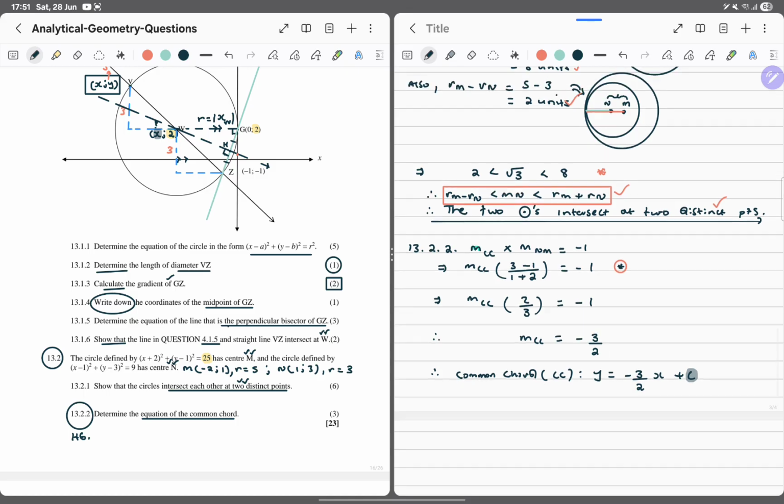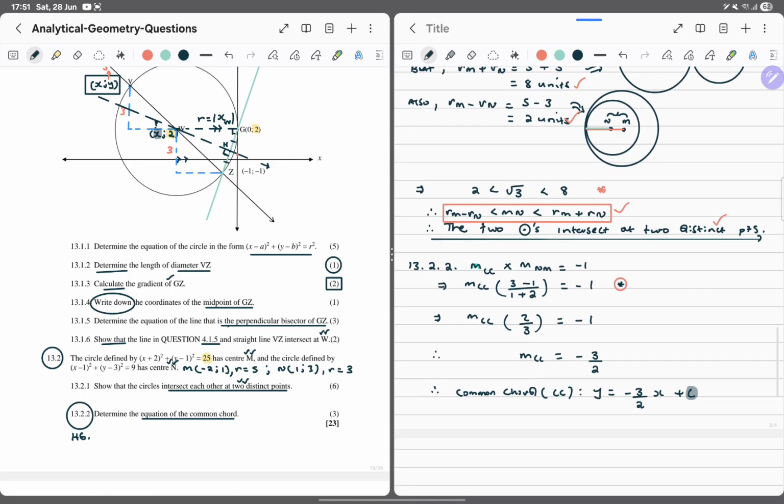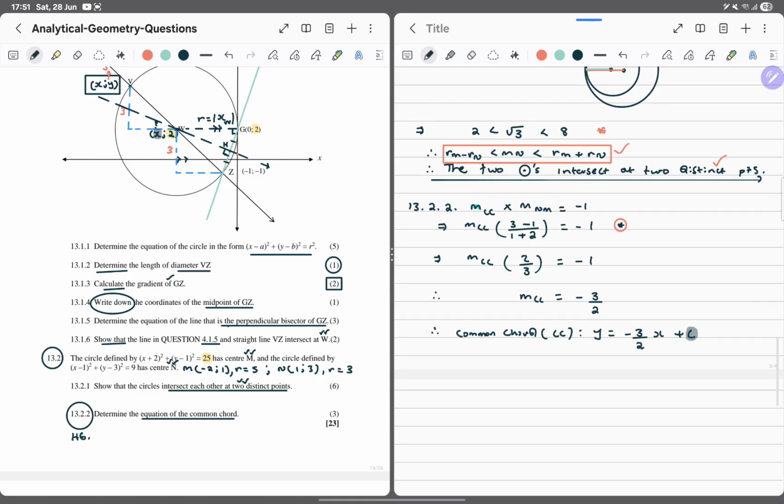Not at all. But if you're a student and you stop here, remember, out of 3 marks, how much would you get? You would essentially get, because remember, this gradient was not asked, so it's a mark on its own. This is a mark, so you would get 2 marks at best. Now, solving for C is not really a big deal. I suppose this would be 4 marks rather than 3, you know.